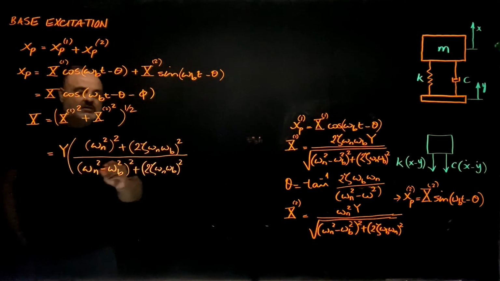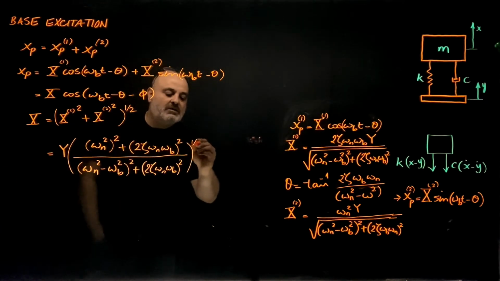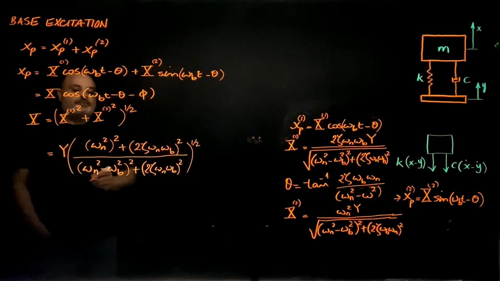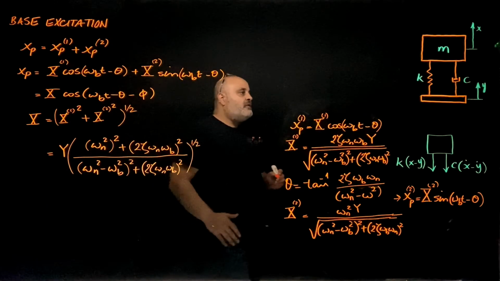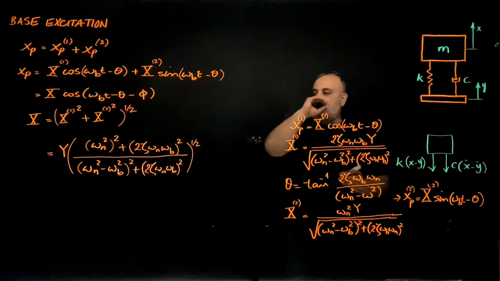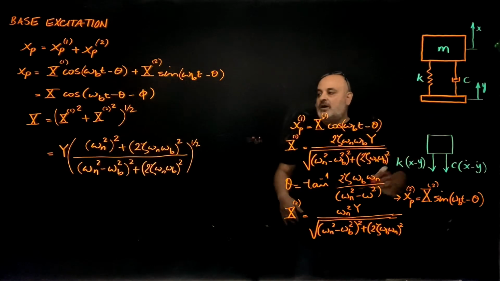All of this under square root. So this is the amplitude x of the motion of the mass as a result of the basic excitation y.